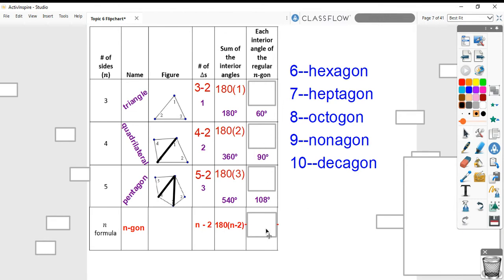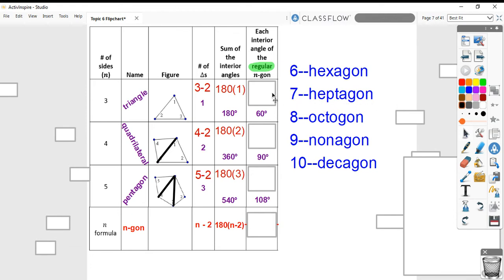All right, the last column we looked at was this right here. It was talking about the regular version of the shape. Okay, our keyword right there is regular, because what that means is when we talk about the regular version of a shape, all of the angles in that shape are the same size. Every single one of them is exactly the same size.